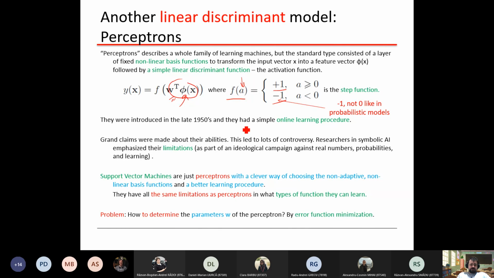These perceptrons were introduced in 1950. They had an online learning procedure. They were considered to solve all the problems of AI. And because of these claims, some symbolic researchers tried to stop this enthusiasm about perceptrons and emphasize their limitations.